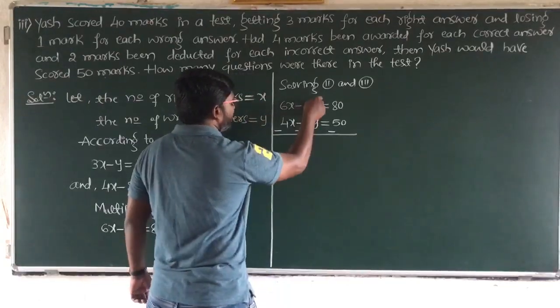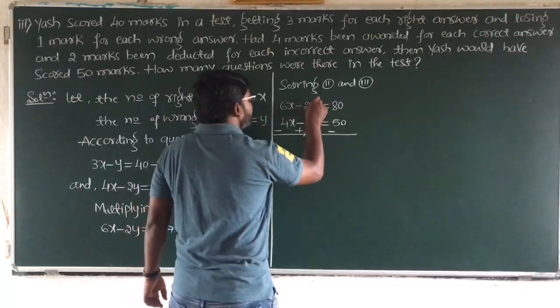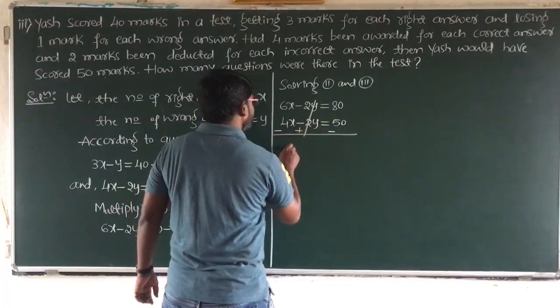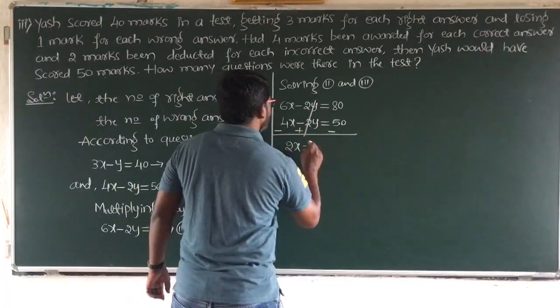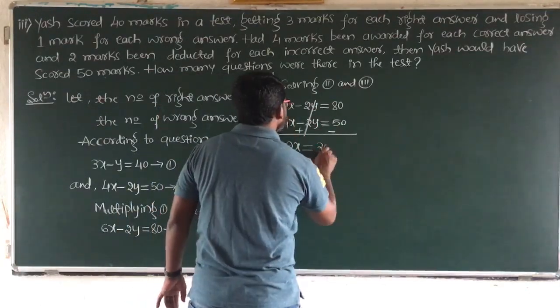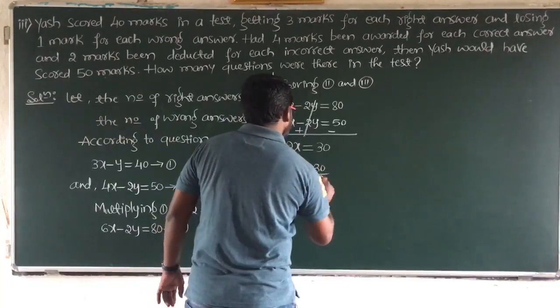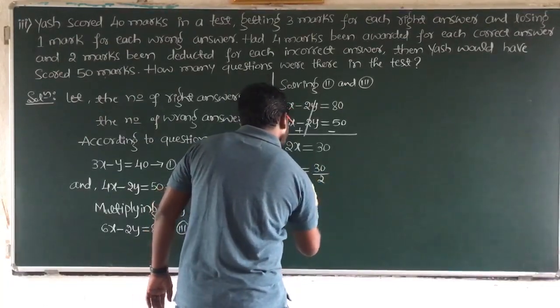So here minus 2y plus 2y gets cancelled, then 6x minus 4x will be 2x. So we get 2x equals 80 minus 50, which is 30. Then x equals 30 divided by 2, x equals 15.